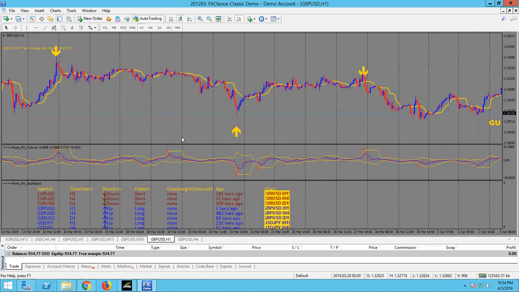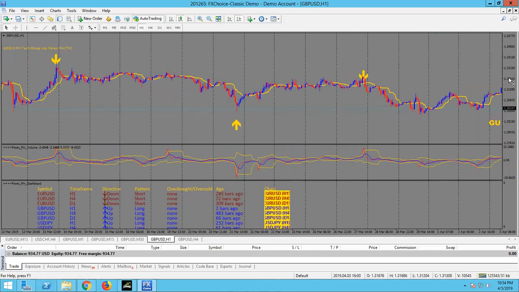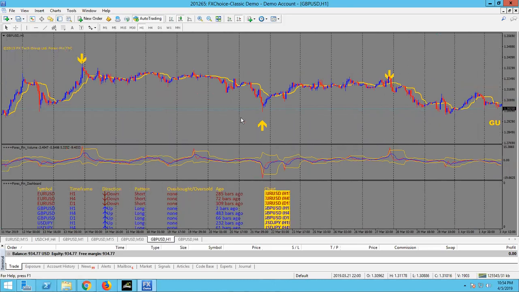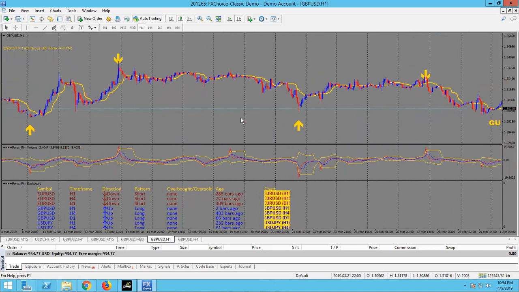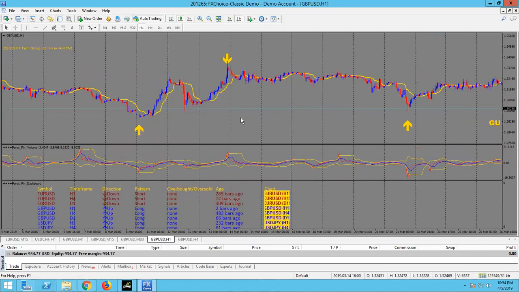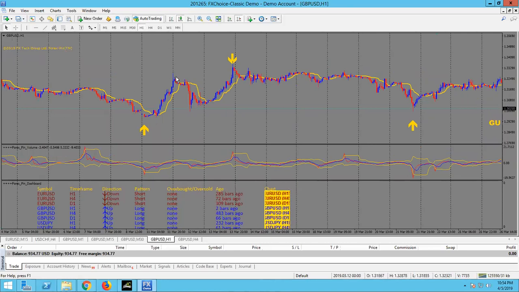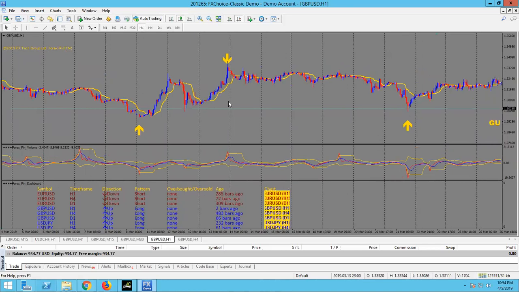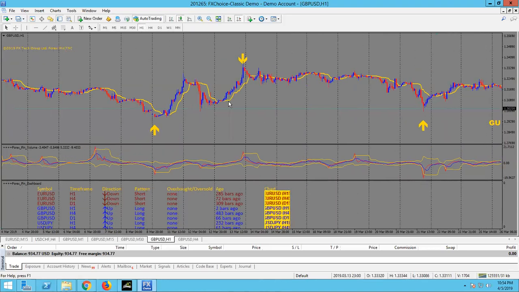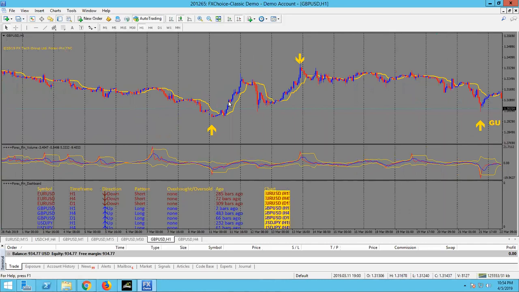Here's the H1. It works out pretty good on H1, even though it was designed for 15 minutes. It's pretty good here. And here I would have gotten out here and gotten back into a buy here because there was no down arrow. So it takes a little bit because of the data that it needs.